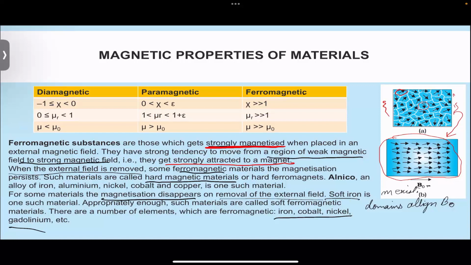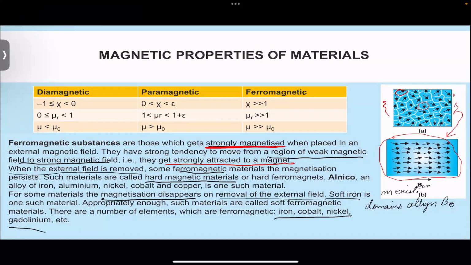Similarly, suppose you remove the external field, in which all these domain orientations will happen. For some ferromagnetic minerals, the magnetization will stay.